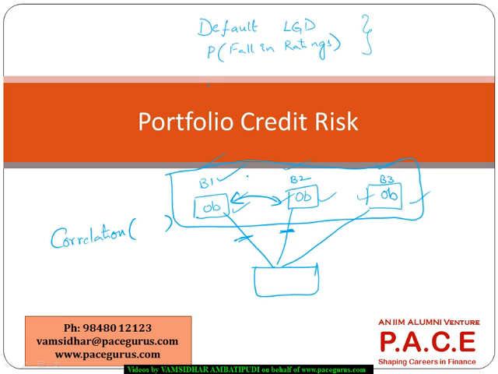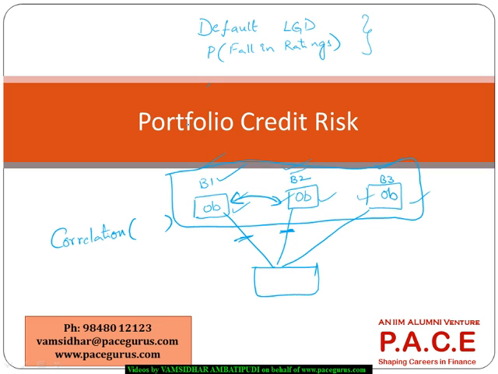Like if B1 defaults, what is the probability that B2 will default? Are these two defaults completely independent, or is there any close resemblance? Probably if B1 has defaulted, does it mean that B2 also is going to default quite in no time?